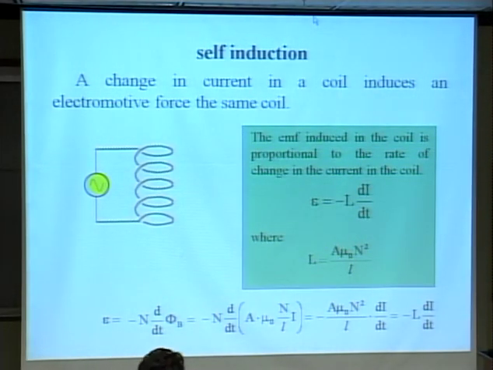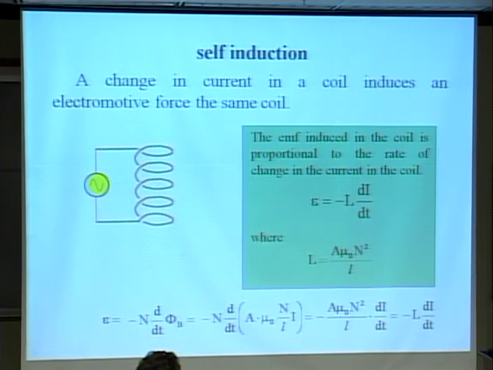All right. So the electromotive force induced in the coil is proportional to the rate of change in the current in the coil. And inductance of a solenoid depends on the cross-sectional area of the solenoid, permeability of free space is a constant, the square of the number of loops, and it is inversely proportional to the length of the solenoid.